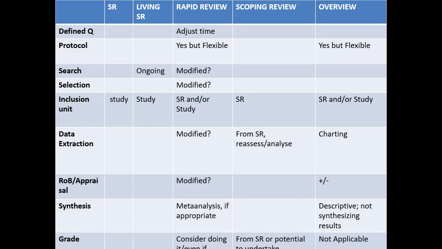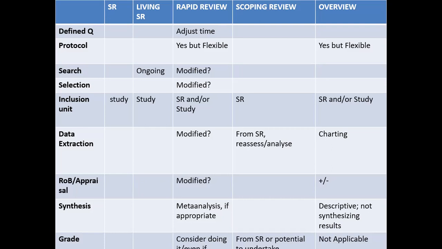Rapid review, yes, it needs more adjustment. You need to provide the result very fast. Therefore, the protocol is needed, but there should be some flexibility. Then there should be some modification on the way that you are conducting your search because of time.